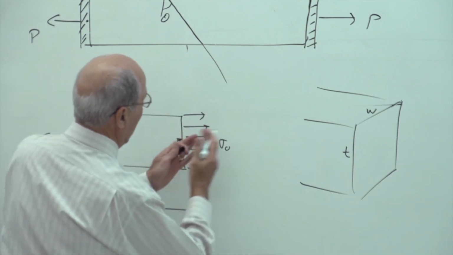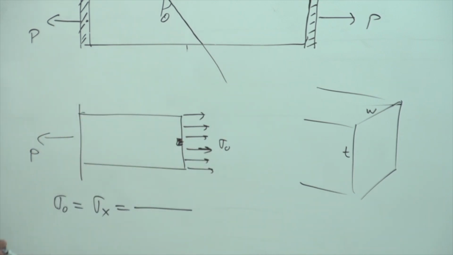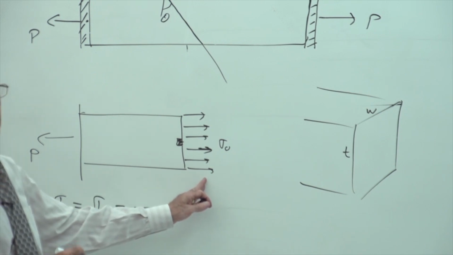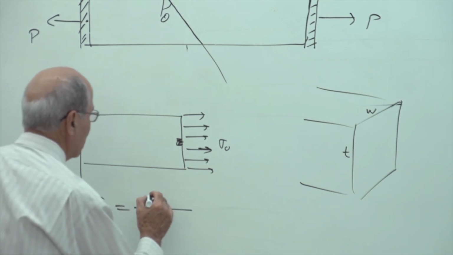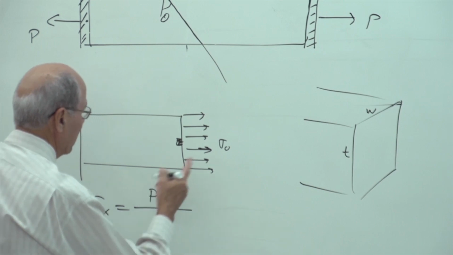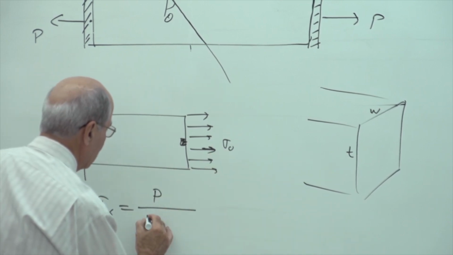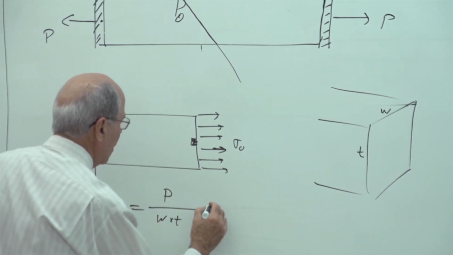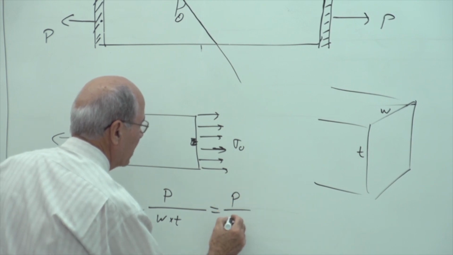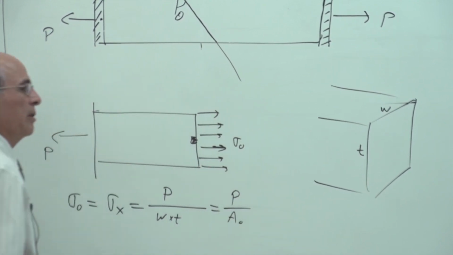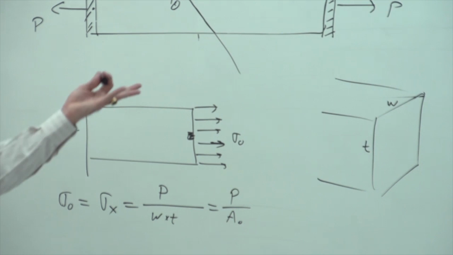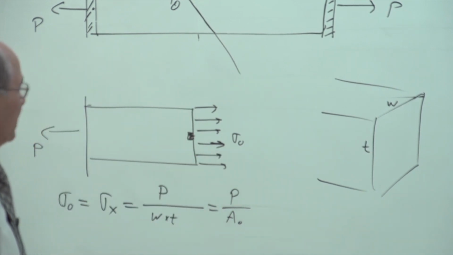Obviously, I have to have an N here. N must be equal to P. Is that understood? Yes or no? And this becomes N. Is that correct or not? We discussed that. So therefore, it becomes P divided by area, which is W times T, or we call it P divided by original area. Whatever it is. Of course, it could be some other shape. This is just for example.